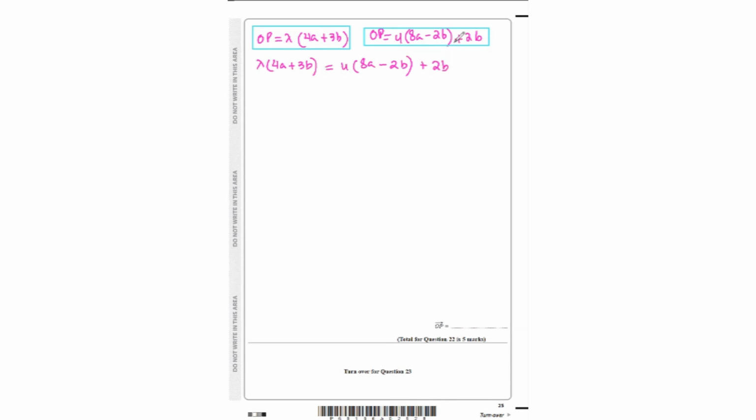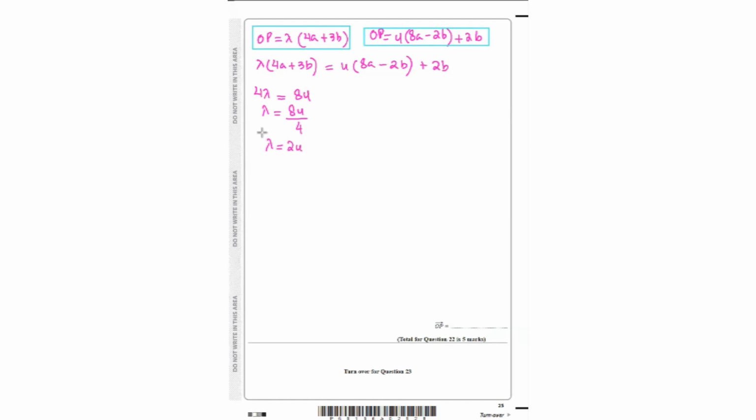We're going to compare the a's on each side and the b's on each side. So 4 lambda, put the coefficient of a on the left-hand side equal to the coefficient of a on the right-hand side. So that's 8 mu. Lambda equals 8 mu divided by 4, which is 2 mu.